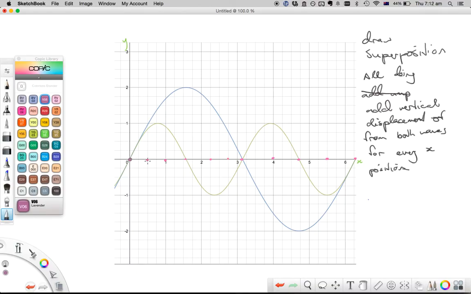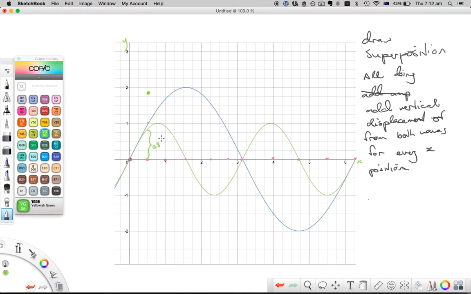At this x position, our displacement from this green wave is about 1, 2, 3 and 1/3 squares, which is about 0.8 or so. So we need to add this 0.8 onto where we start on this wave. So we need to go 1, 2, 3 and a bit, 0.8. So that's our point there.